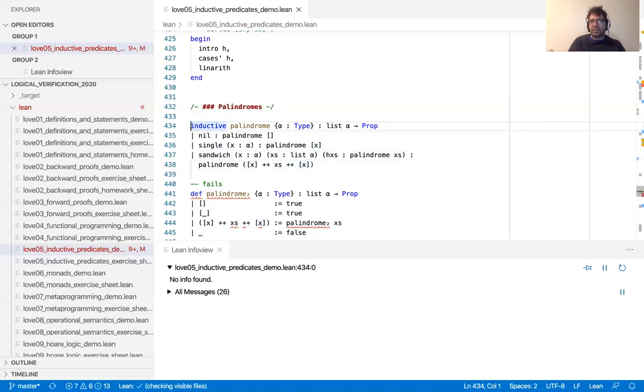So for functions, I would say, well, you just have to test them, right? You just write #eval or #reduce, and then you check. Unfortunately, for inductive predicates, right now there's no support in Lean for testing them in any way. So there you have to be extra careful, right?